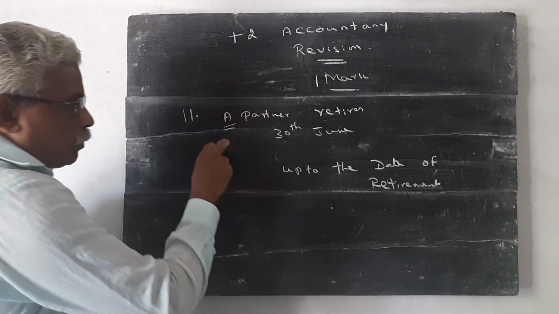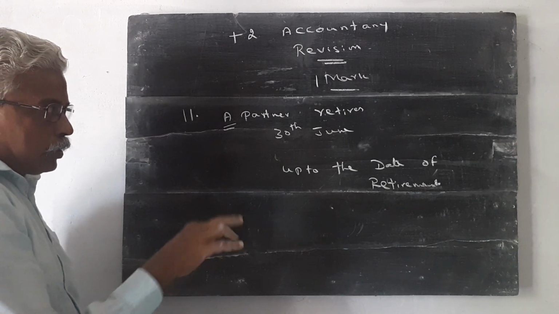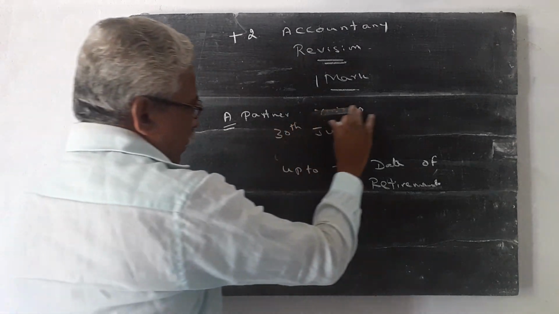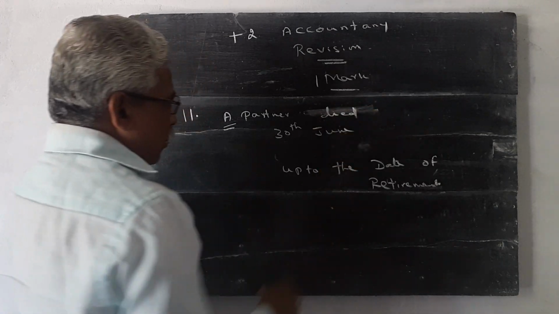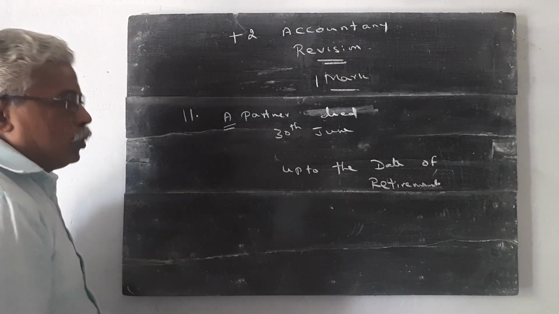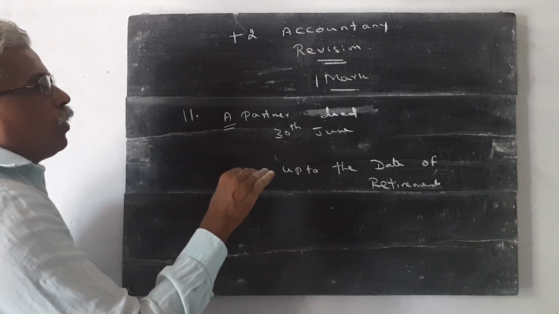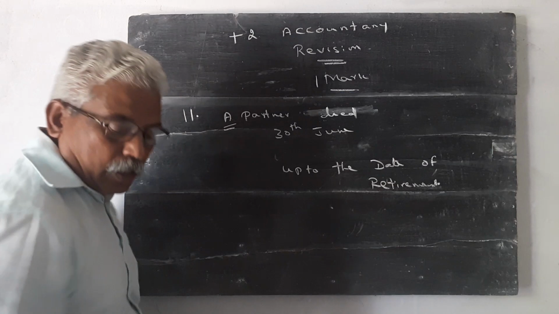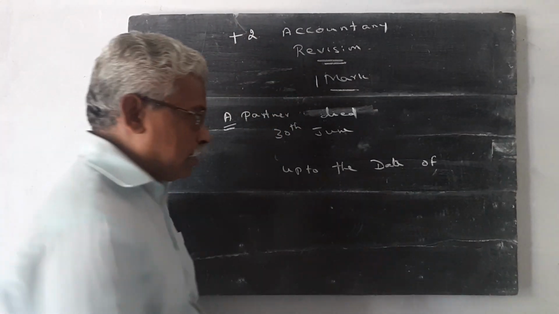Sometimes this question may be asked in the death question also. A partner who died on 30th June is liable for the business up to the date of death.